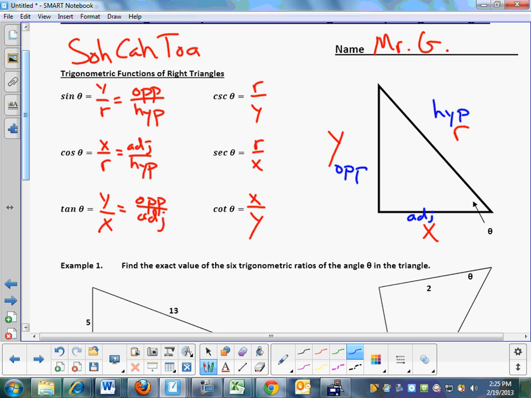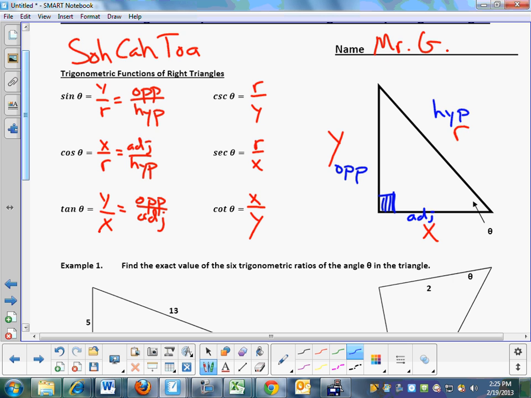It's across from it. And that's the definition that we use. You may ask, how did they come up with this? They defined it to be this way. So we're stating a definition. We're saying the sine of an angle is going to be this. We're making that statement. And it has to be a 90-degree triangle. So we'll get to a point where we don't have 90-degree triangles.